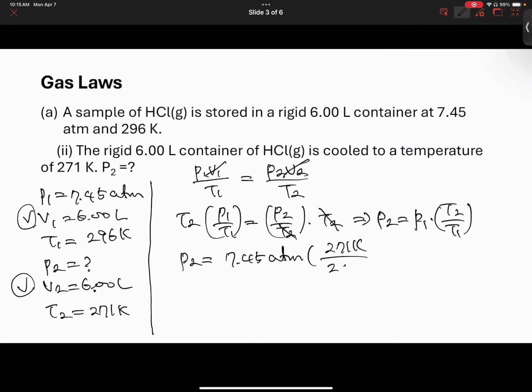And then Kelvin cancels out. It is now 6.82 atm. Now let's take time for evaluation. The pressure has decreased. Does it make sense? Yes, it does, because the temperature decreased. As temperature decreased, kinetic energy decreased. So evaluate.